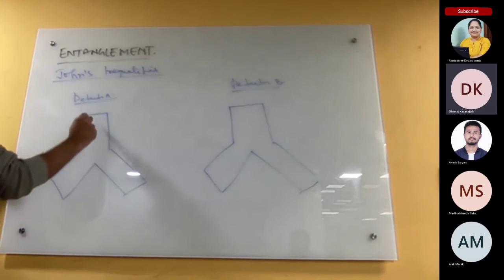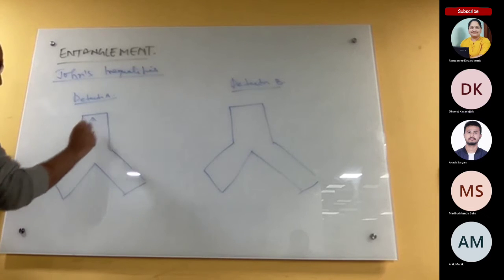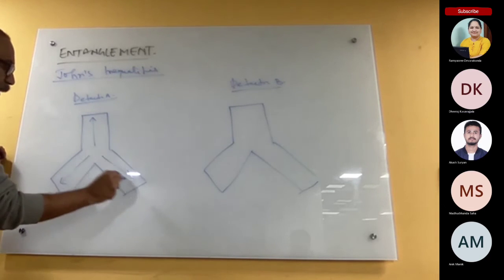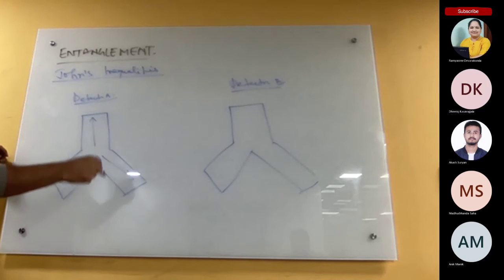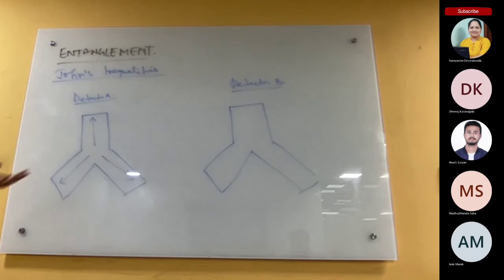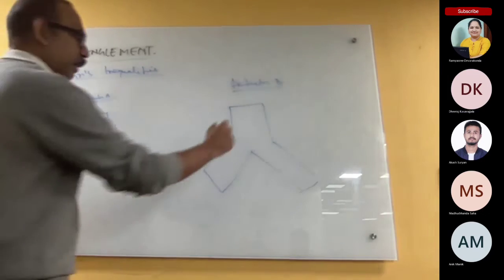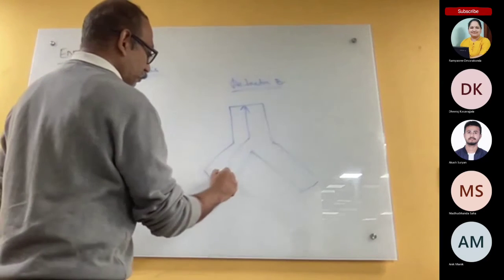So one is straight forward. And these two are at 60 degrees with each other. This is like an equilateral triangle. Imagine them to be the sides of an equilateral triangle, right? Each is 60 degrees with the other.